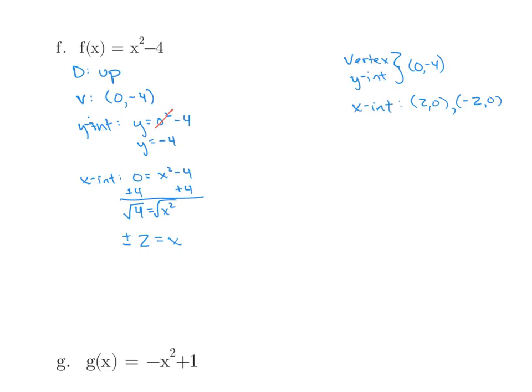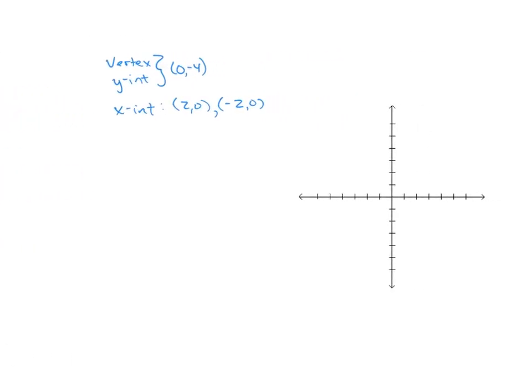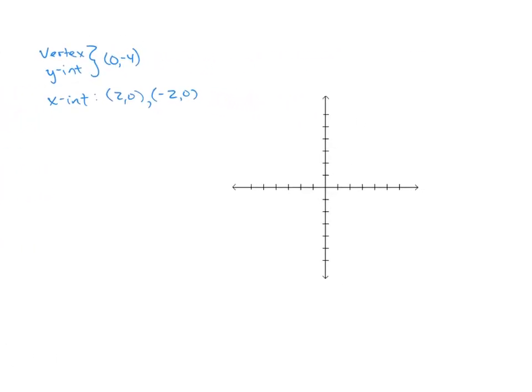Okay, so let's go ahead and graph what we have here. We have all of our key points. Our vertex is (0, -4), and my x-intercepts are (2, 0) and (-2, 0).